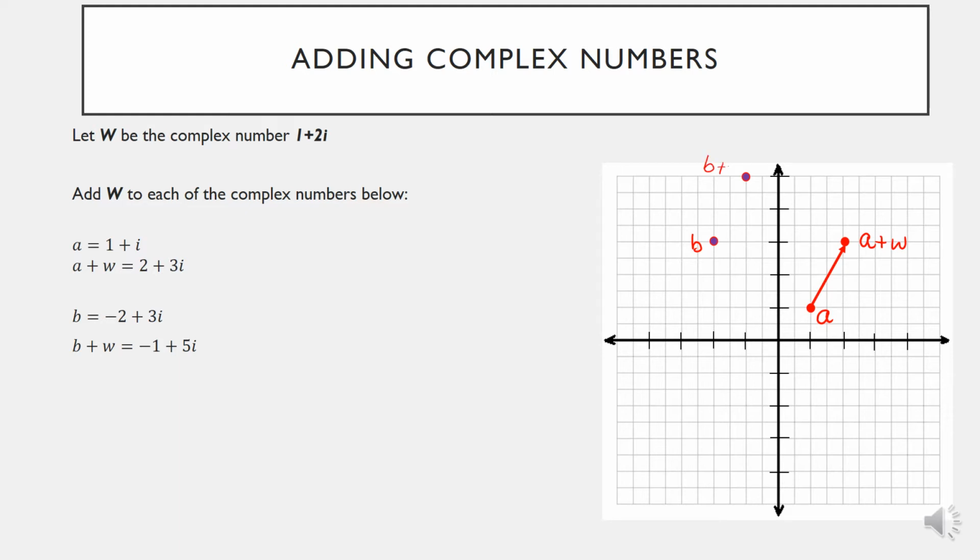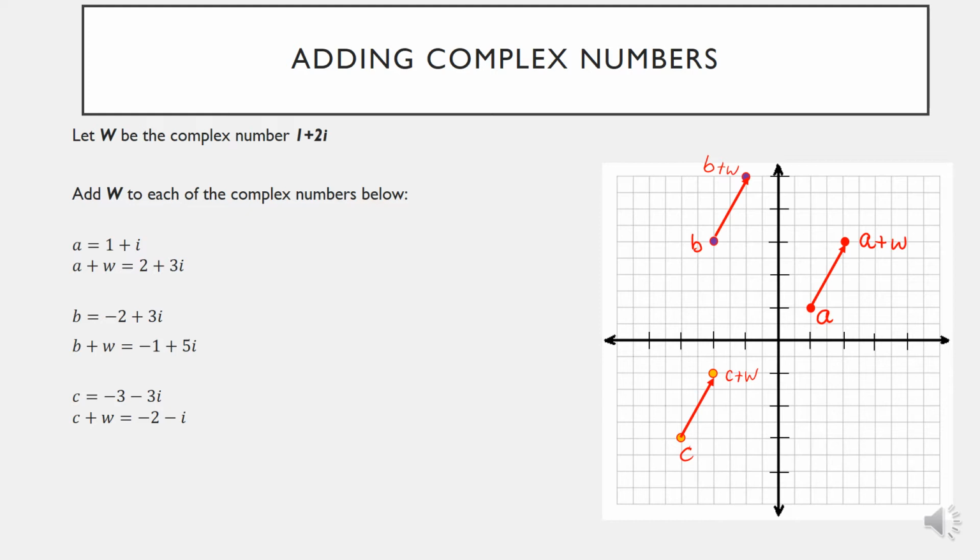So it has moved 1 step to the right and 2 steps up. And finally we'll try it with c, which is minus 3i, which is down here. We add w to it, which brings it to minus 2 minus i, which is here, the yellow dot. So that's c plus w.